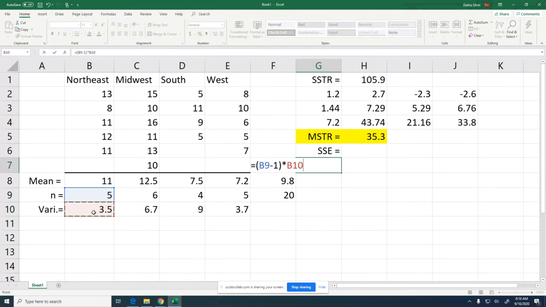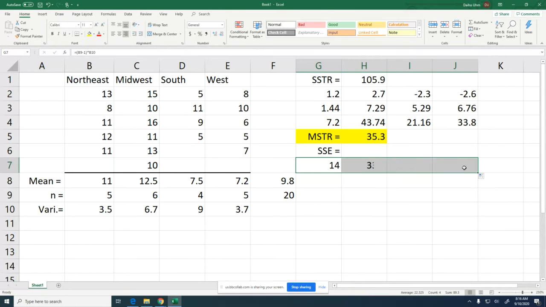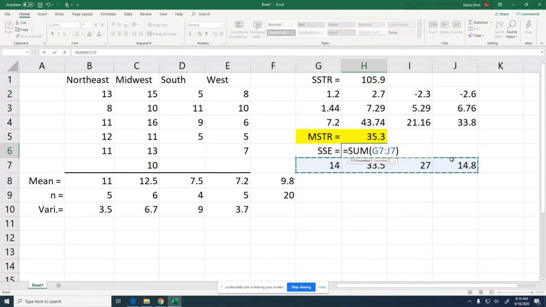Before we take the summation, we take the multiplication: n minus 1 times the variance. And copy to the right. And now we can take the sum again, the sum of the four multiplications. So now SSE will be 89.3.